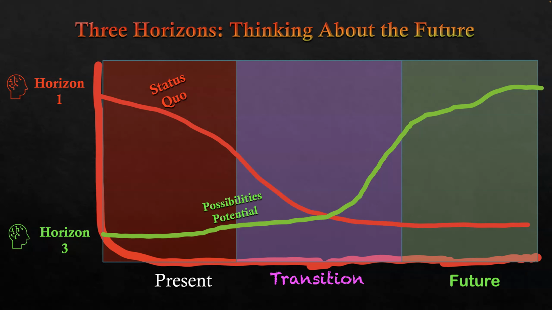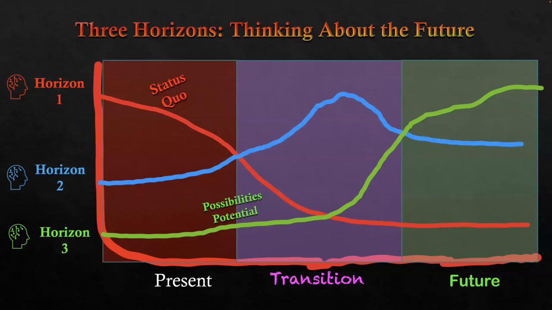In the meantime, what has to happen is this concept of Horizon 2. What he shows in terms of Horizon 2 is basically the innovation curve. This is where the zone of innovation takes place. This is where you try stuff, it fails, you learn from the failures, other things go.